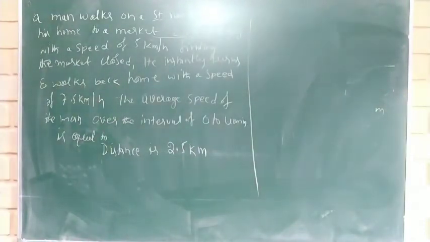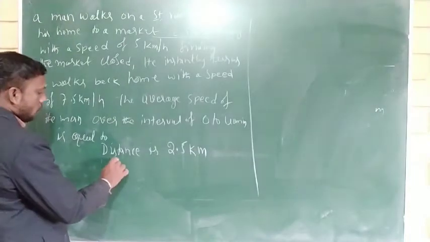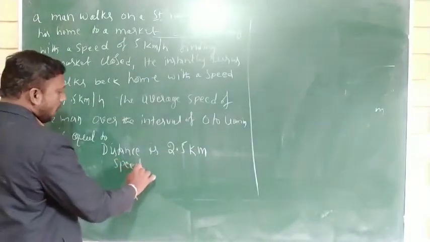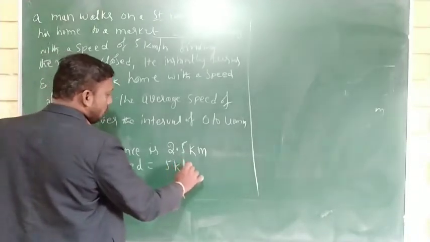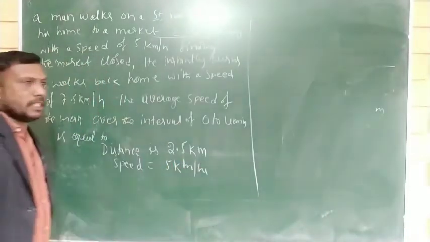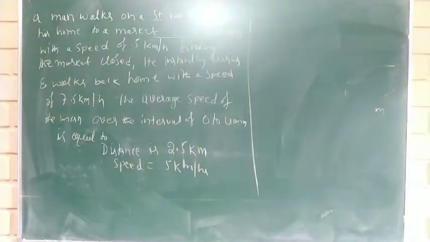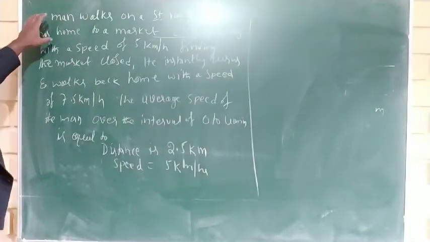And he moves with a speed of 5 kilometers per hour. What is the time taken by the man to reach the market from his home?